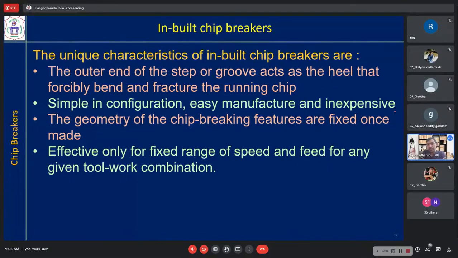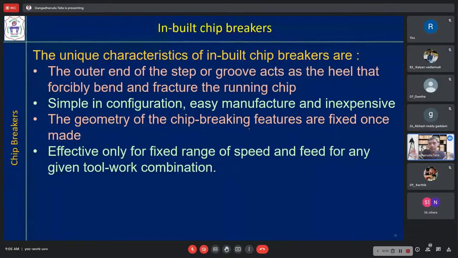That is the advantage. If you are taking the chip breaker from somewhere else and fixing it, it is a costly affair. You have to make some clamping or do some welding for attaching it. That is not there here because this is already a feature of the cutting tool, so you need not clamp it separately.